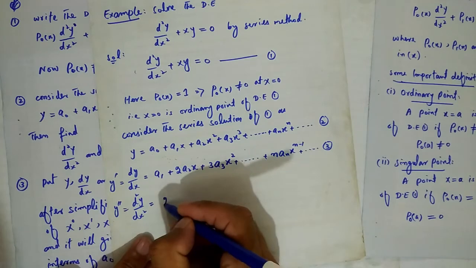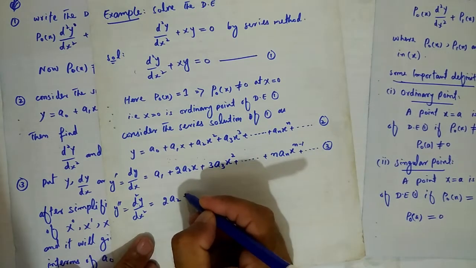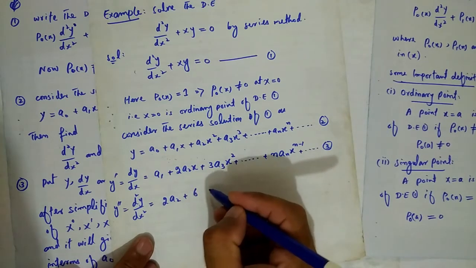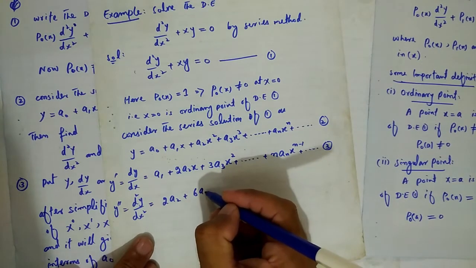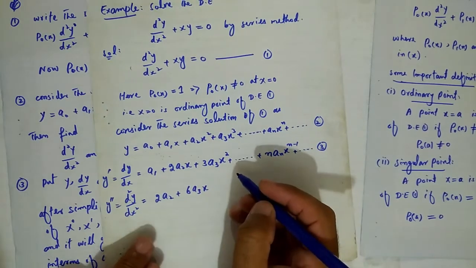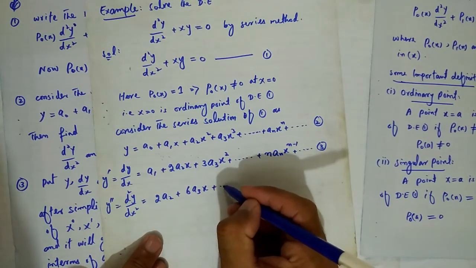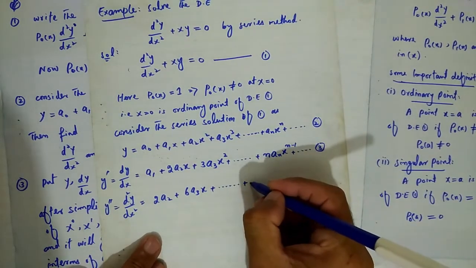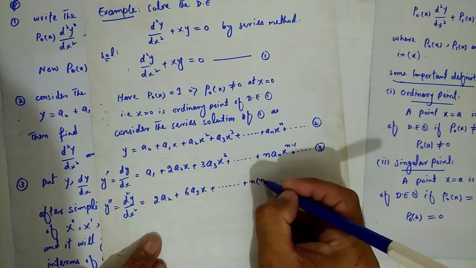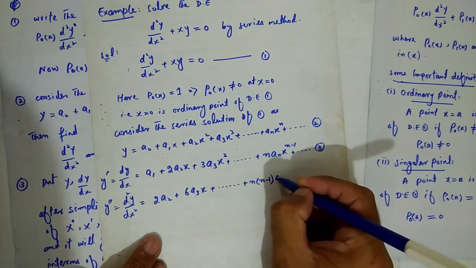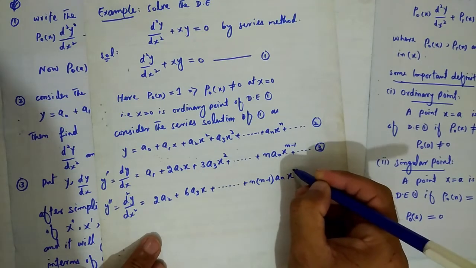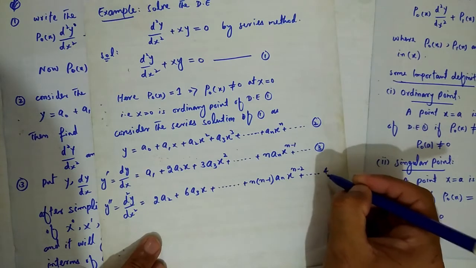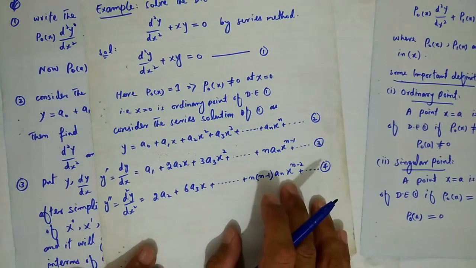So we will get 2a2 plus 6a3x plus it goes on, and it will be n times n minus 1 into an x to the power n minus 2 and goes on. This is equation number 4.